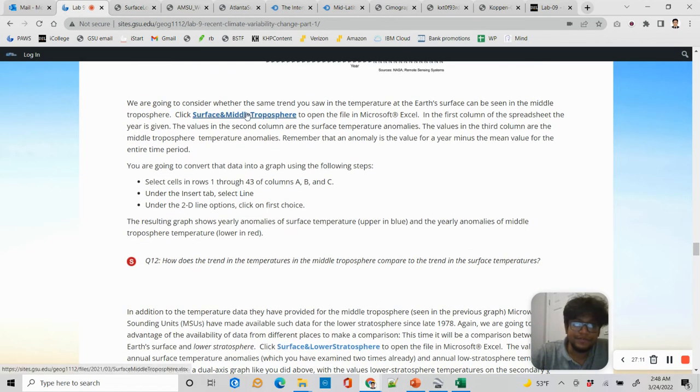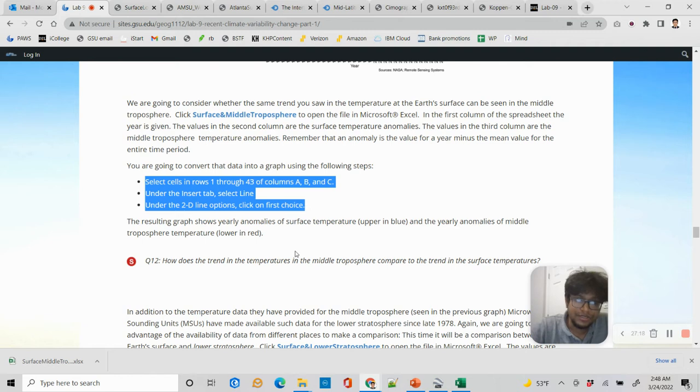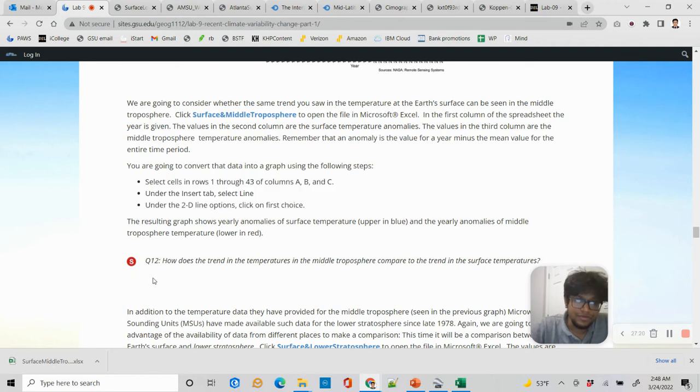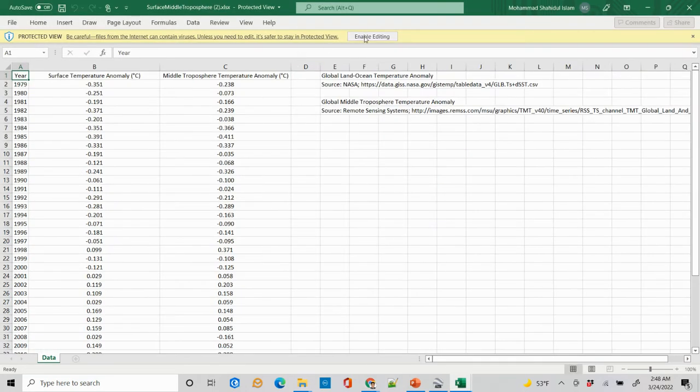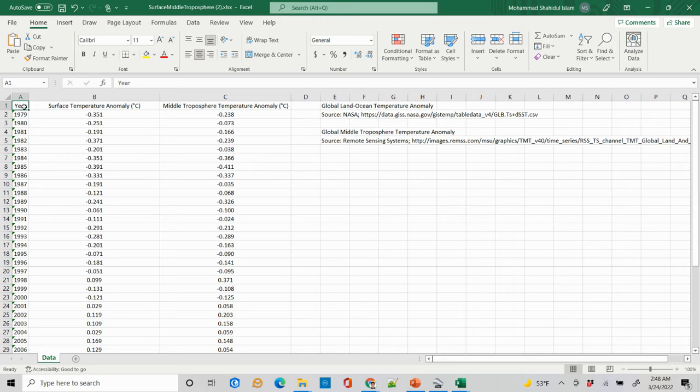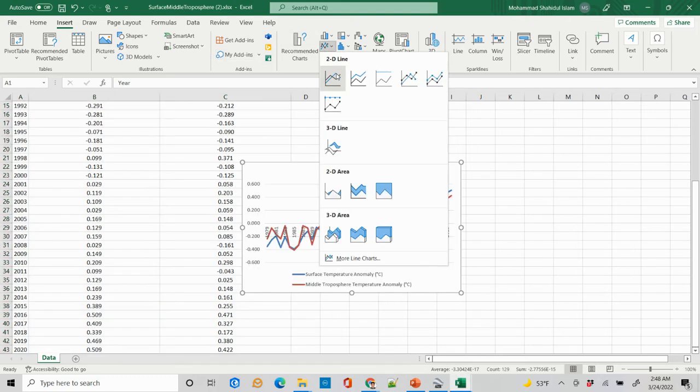And then there comes the surface and middle troposphere. We need to compare them again. Follow the instruction here, then answer based on the graph that you get. Okay, so you see how it shows up. Insert line, 2D line.